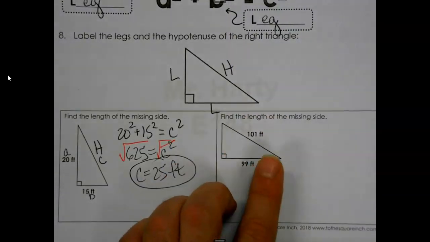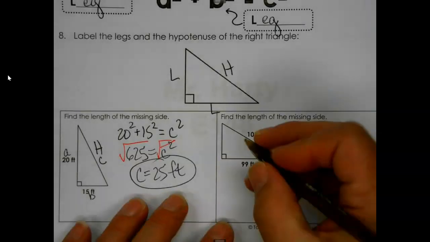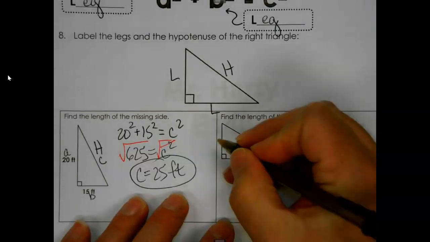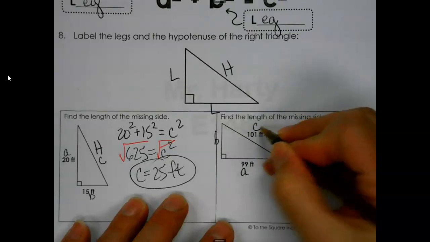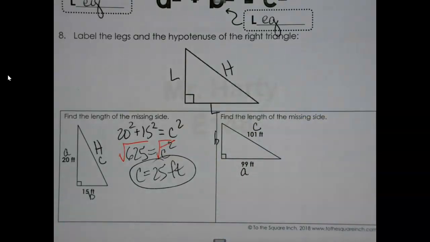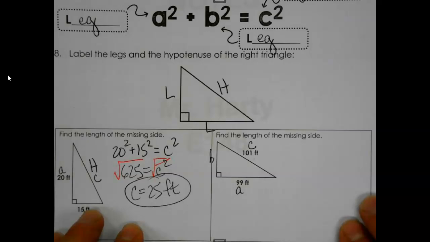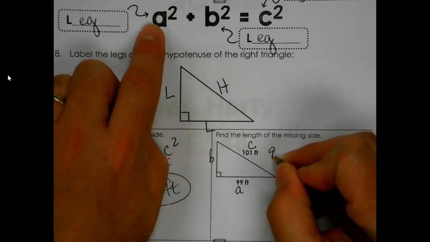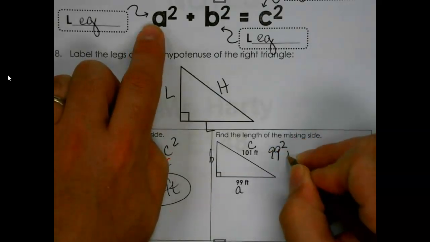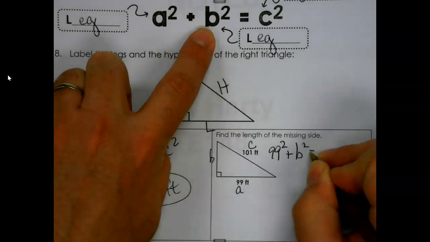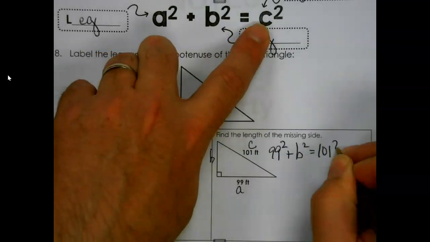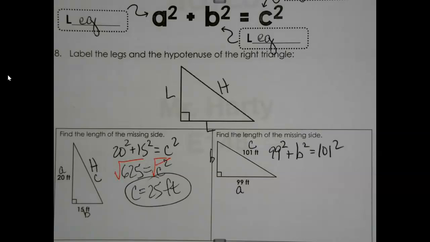Now, when I get here, you actually have options. So maybe you're like, all right, A, B, C. If I go right in order, I'd have this.